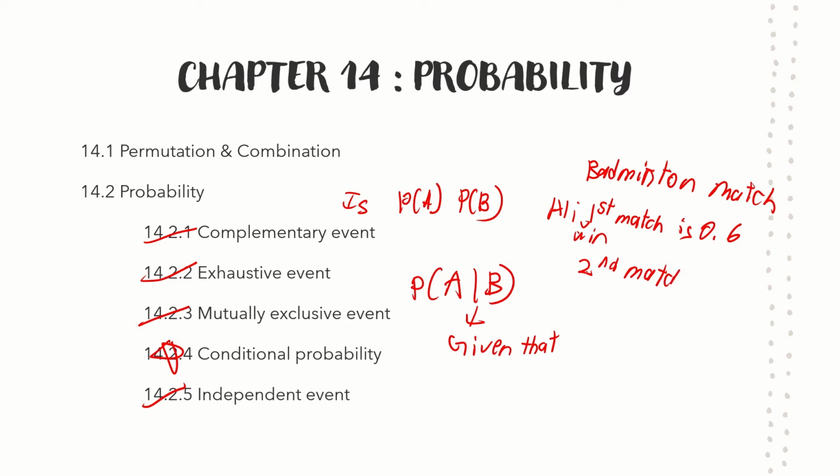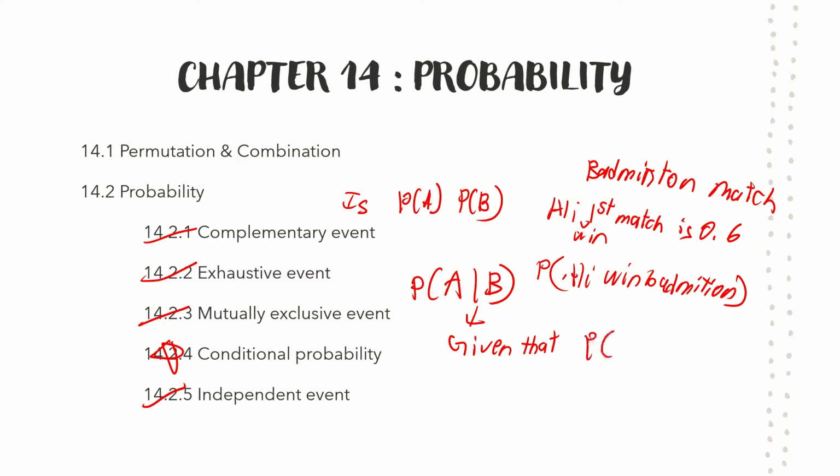Maybe you want to find whether Ali wins the whole badminton competition. So the question already gives you the first match, with probability 0.6.